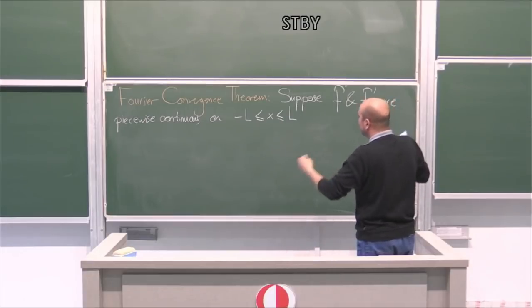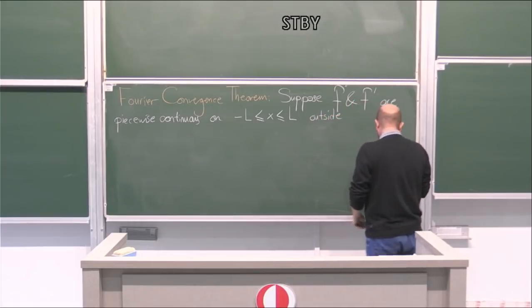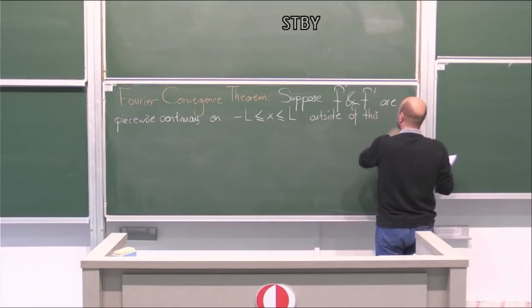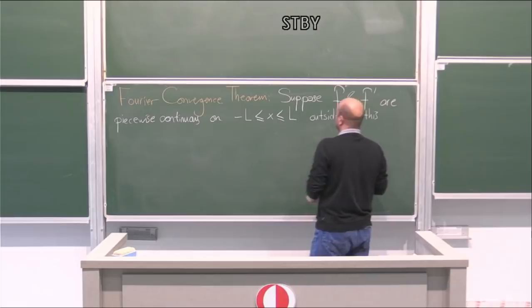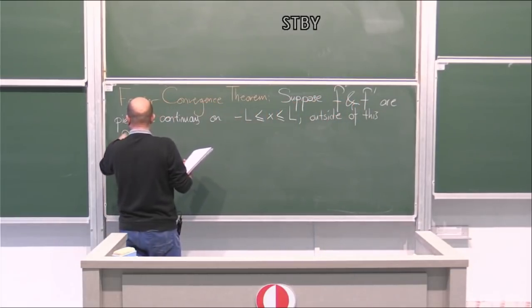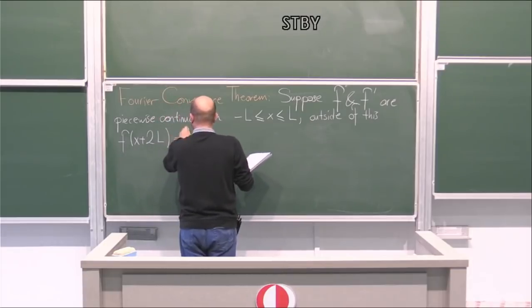So we have the functions f and f prime piecewise continuous on the given interval minus L to L, and outside of this, it is periodic. So f of x plus 2L is equal to f of x.